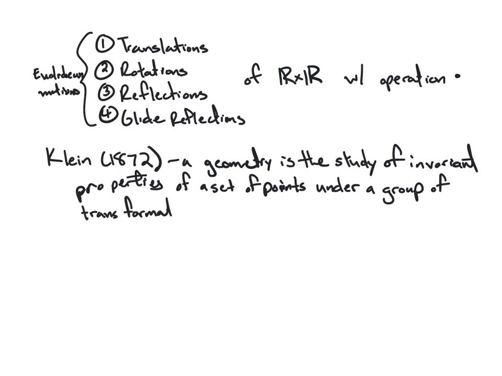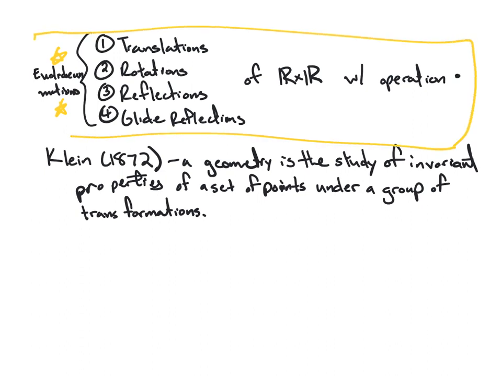Now, we can define a number of geometries in this way. Euclidean geometry: it just so happens that if we take this group of Euclidean motions right here, and we look at the set of invariant properties of a set of points, in this case, the Cartesian plane, under a group of transformations, then we get the Euclidean geometry.